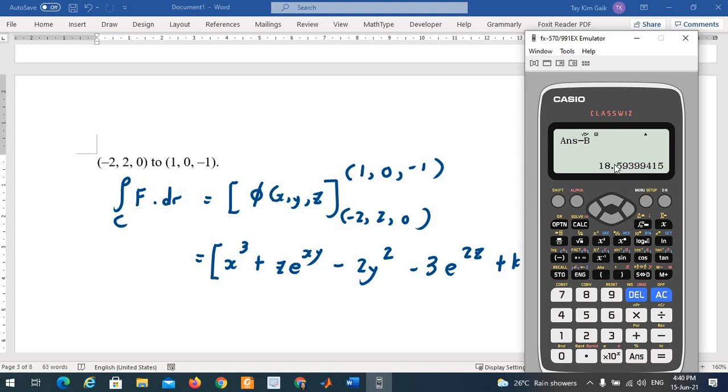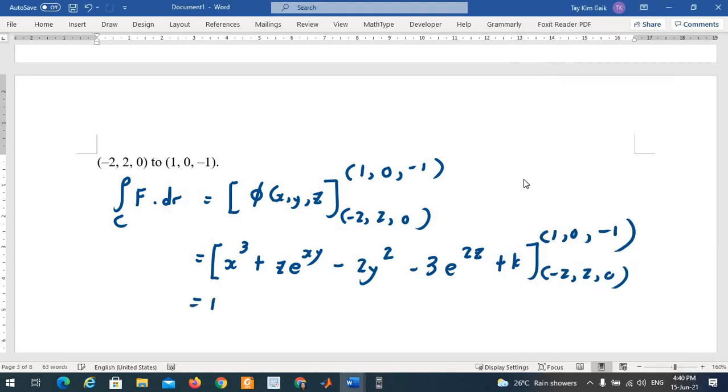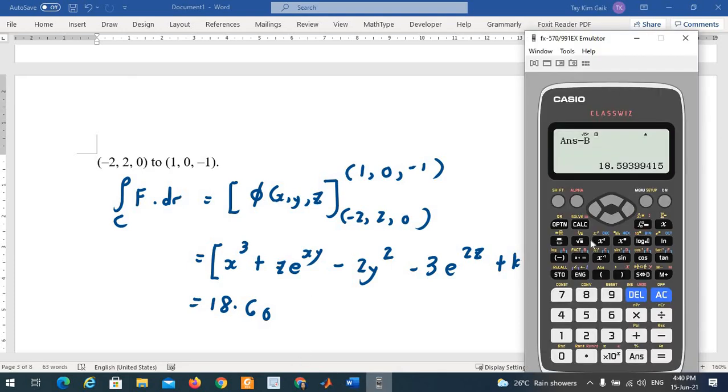If you round it to 2 decimal places, 18.6. This is using a calculator. Up to 2 decimal places, you get 18.860.